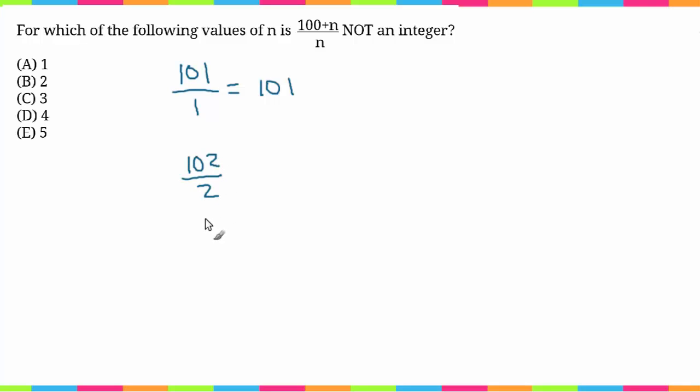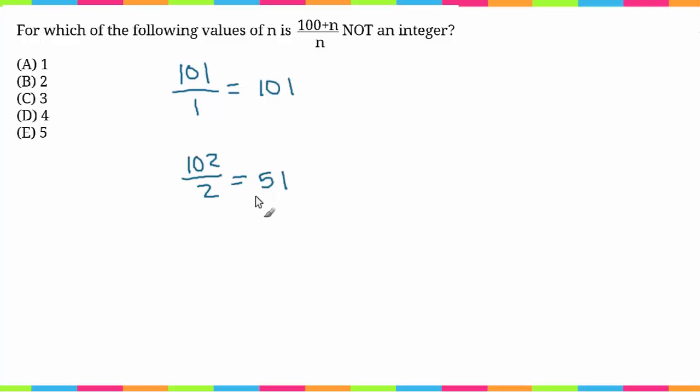It's a good time to review your divisibility rules if you're a little bit rusty. A number is divisible by 2 if it's even, so the last digit would have to be a 0, 2, 4, 6, or 8. Since this last number is even, this will give us an integer, which is actually 51, but that doesn't really matter.